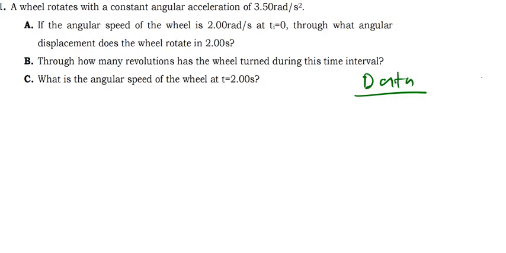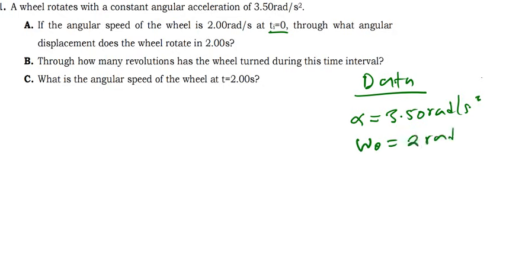What information do we have? Angular acceleration, we have been told that is 3.5 rad per second squared. What else? When t was equal to 0, we had omega equal to 2 rad per second.